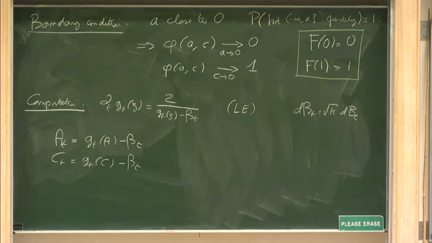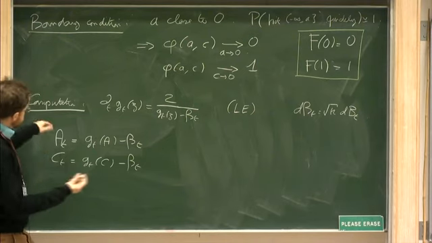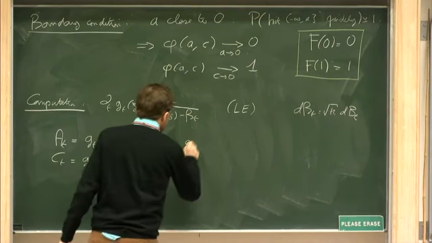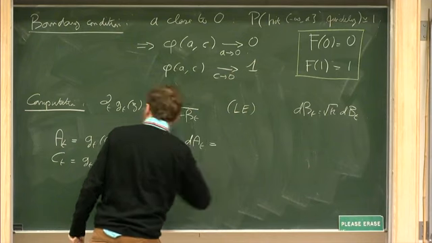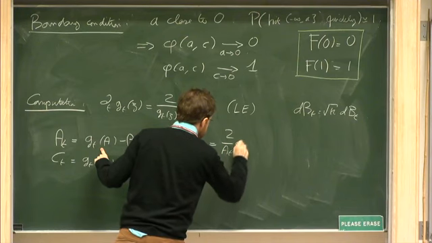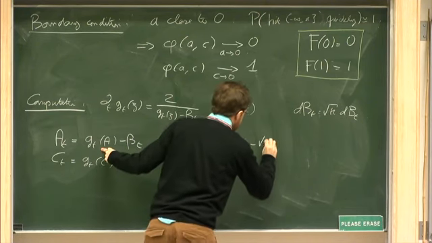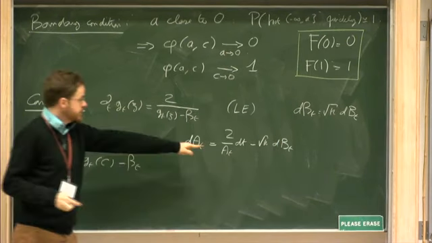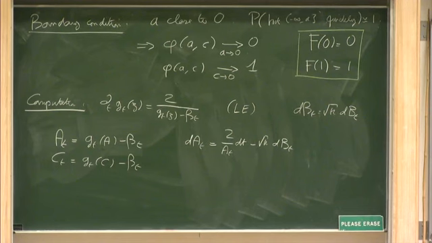From the computation we did yesterday, these two things are Bessel processes up to a multiplicative factor of square root of kappa. So they are Markovian, and we know how they behave. So dA_t is exactly 2 over A_t dt minus square root of kappa dB_t, and the same for C. So we know the increments of the A_t and C_t.